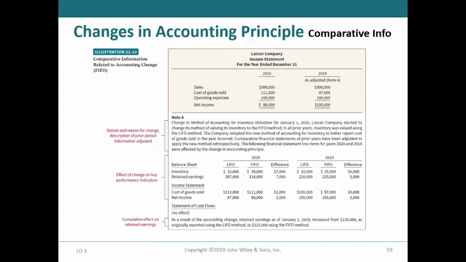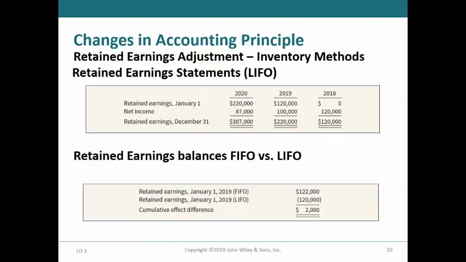It also describes the $2,000 cumulative effect of the change on retained earnings for periods prior to 2019. Since 2019 will be shown in the comparative financial statements with 2020, the cumulative effect on retained earnings would be $2,000 at the beginning of 2019.